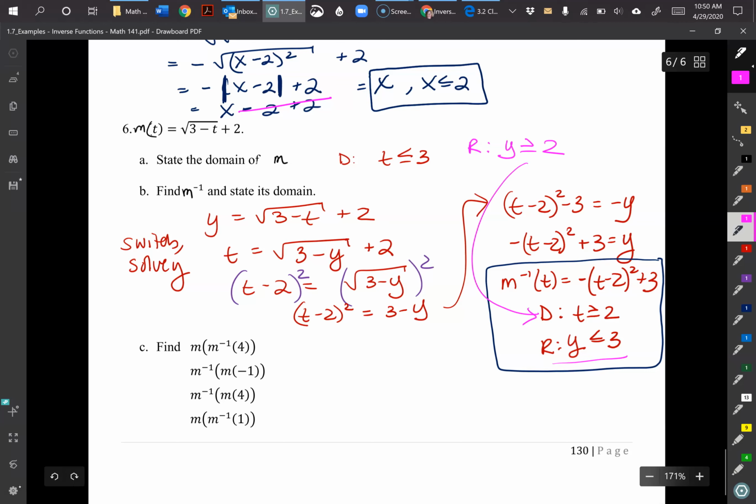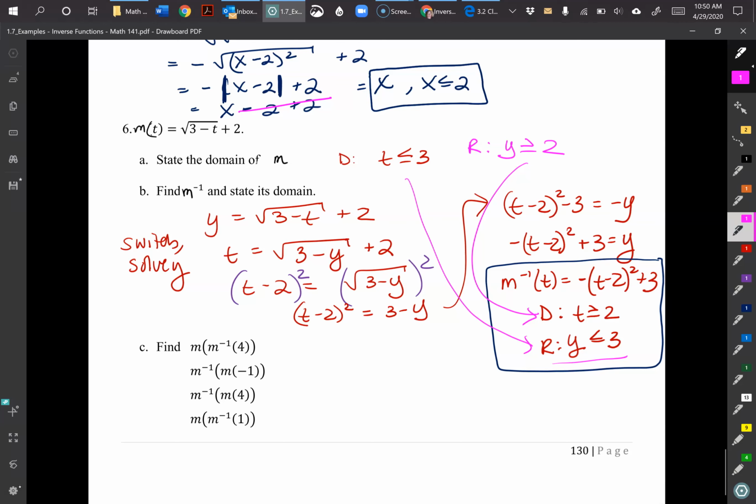And then my range is going to be the same as my domain in the original. We also have to think about, as this is a quadratic, we have to pick one side or another. But that's how we know this side.